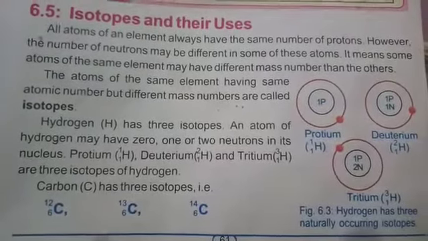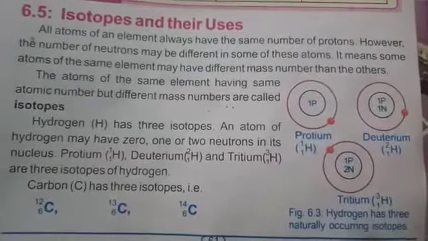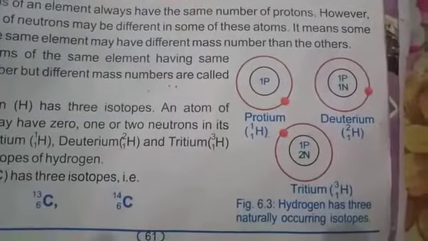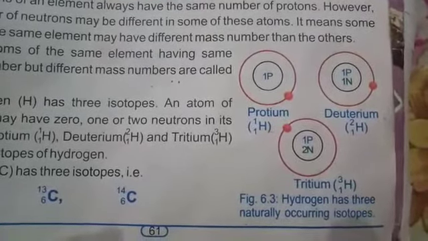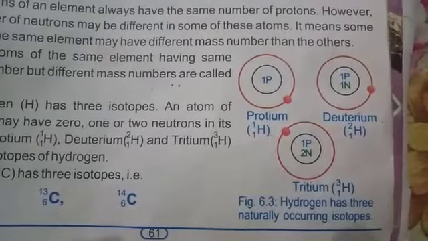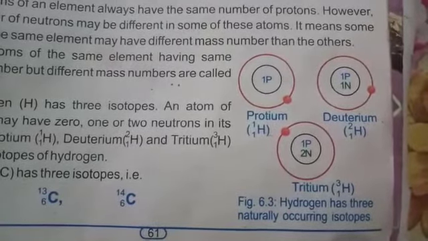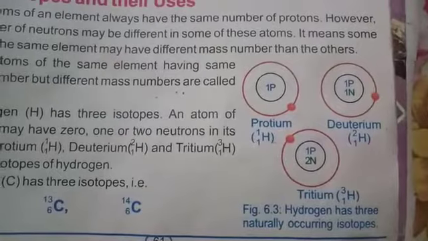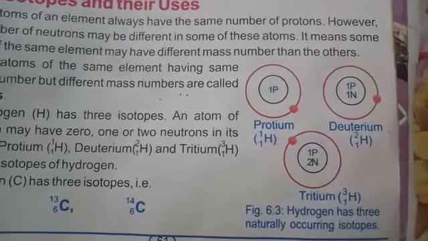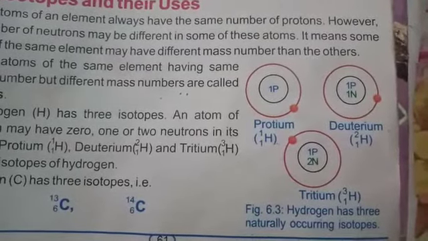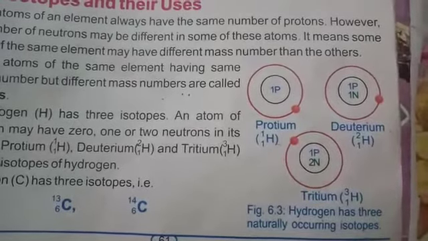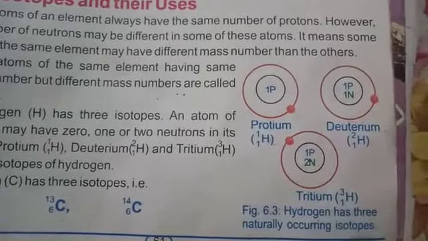Isotopes and their uses. Here in the diagram you can see that we have studied the number of protons in an atom is called its atomic number, and no two elements may have the same atomic number, and the atomic number is the identification number of any element.